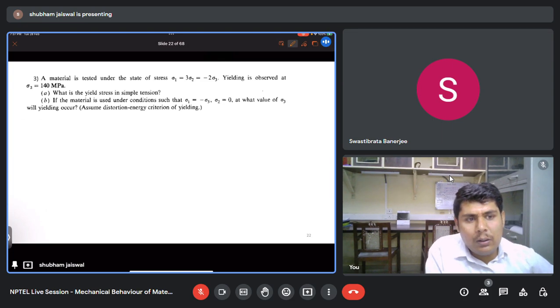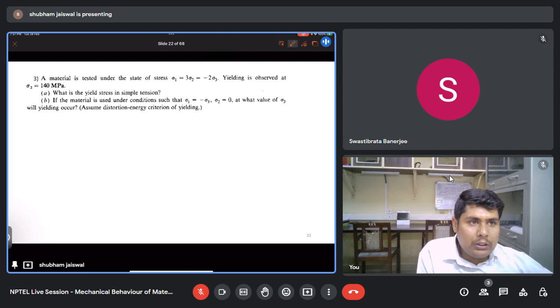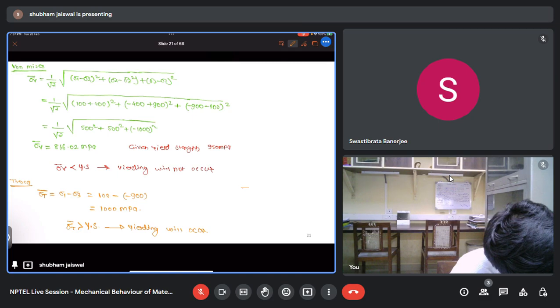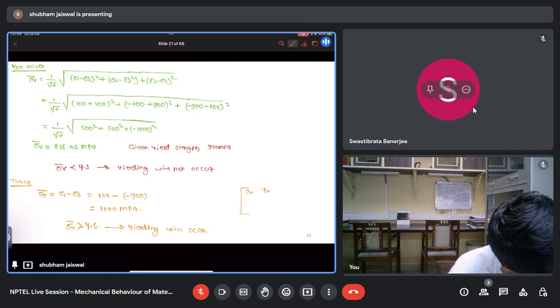If sigma 1 and sigma 3 are there, like here, sigma x, tau xy, tau xz, tau yx, sigma y, tau yz, tau zx, tau zy, and sigma z.